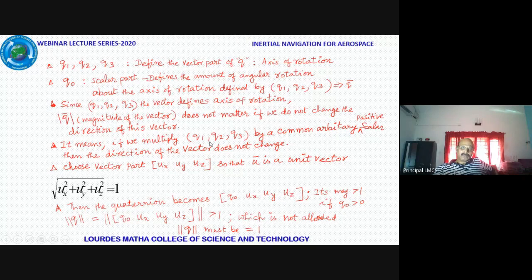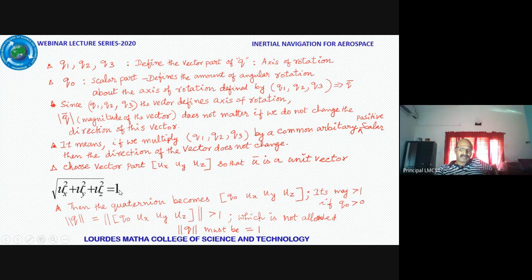And therefore, because I'm going to interpret and use it in this fashion as an axis of rotation, where my vector length doesn't matter, I choose my vector part as a unit vector, U, having components ux, uy, uz, whose total magnitude is unity.